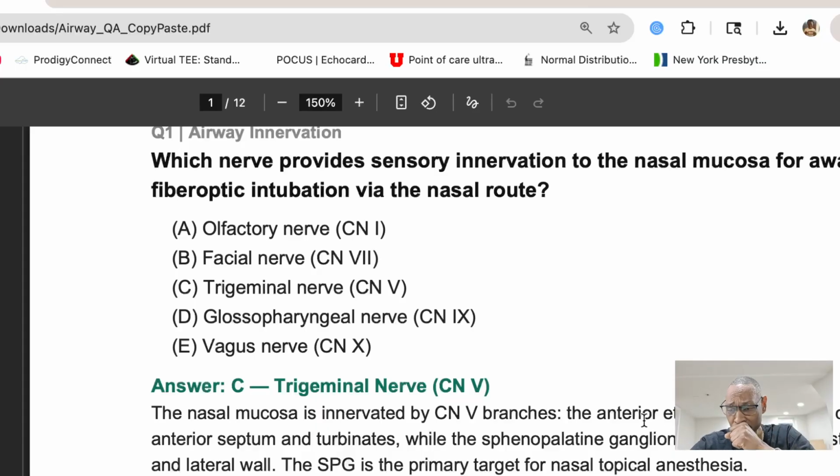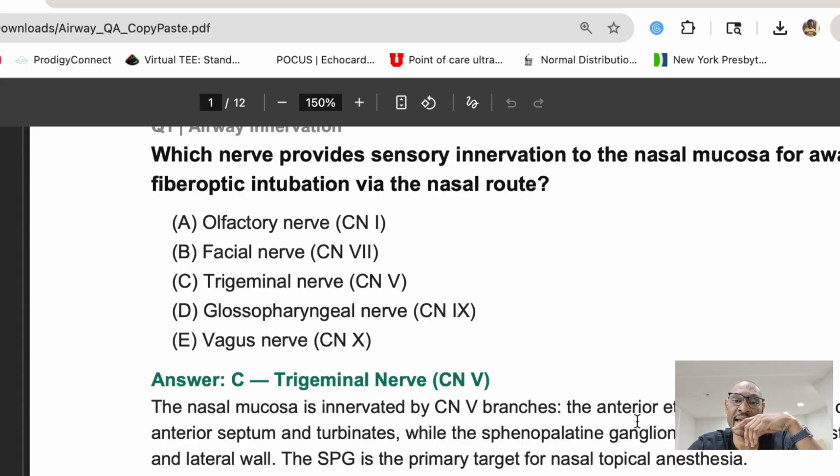In the interest of time, we'll go through that briefly. V1 is the anterior ethmoid that covers the anterior septum, the nasal cavity, and the turbinates. The sphenopalatine ganglion, which is V2, covers the posterior septum and the lateral walls.